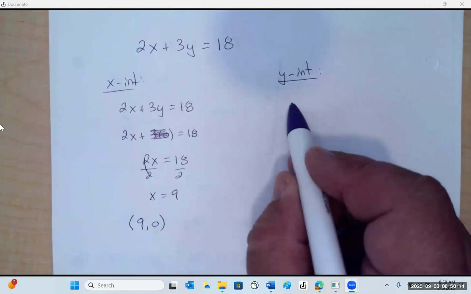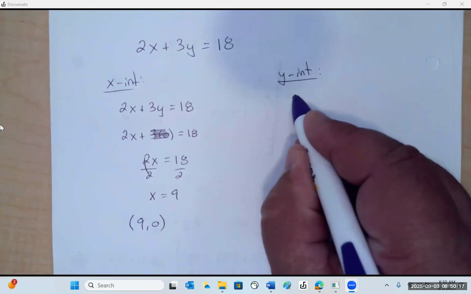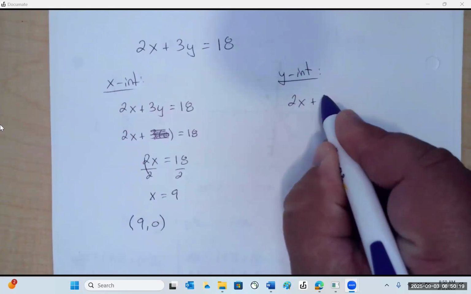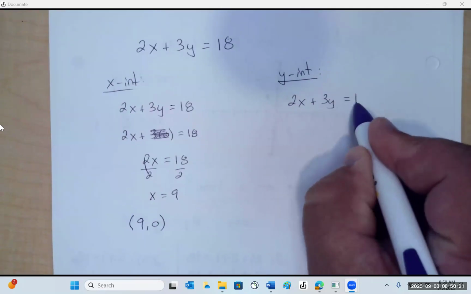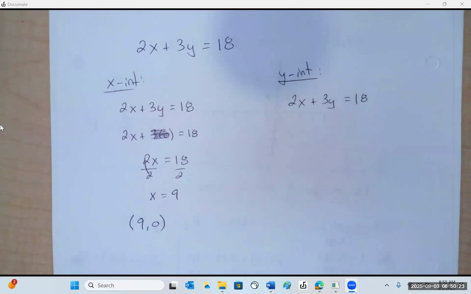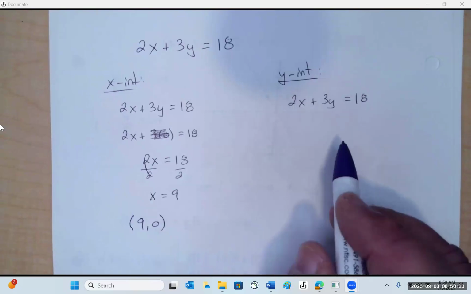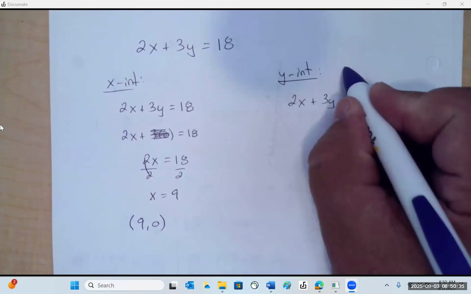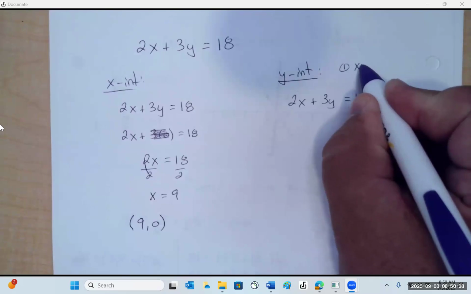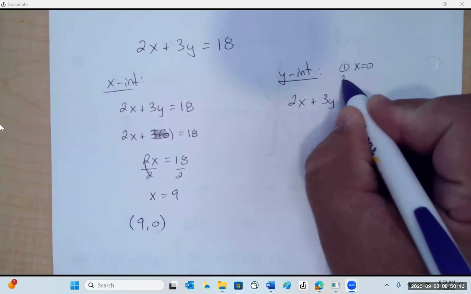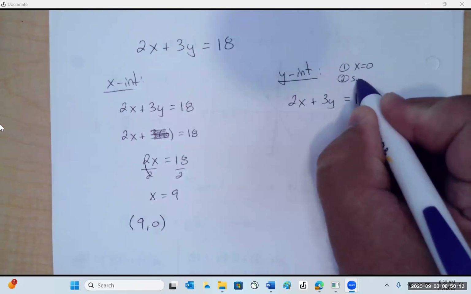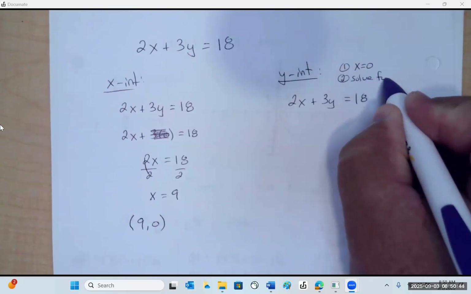Let's do the same thing for the y-intercept now. We have 2x plus 3y equals 18. How do you find the y-intercept? First step, set x equal to 0, and then solve for y.